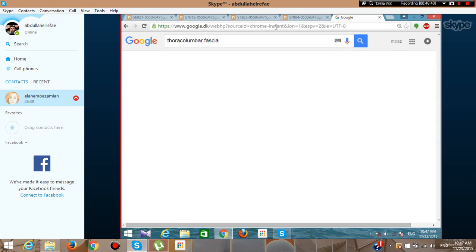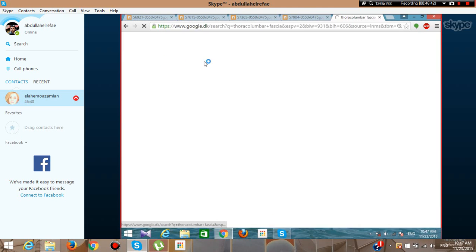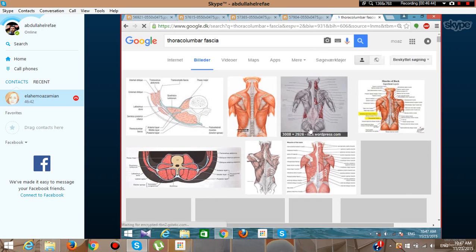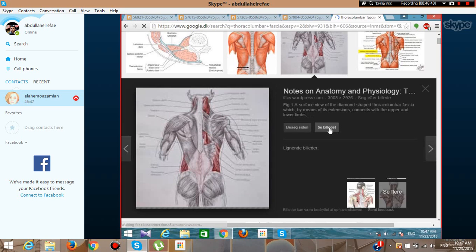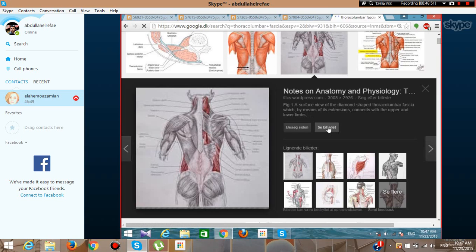It says posterior abdominal wall: visceral, ureter, kidney, portal vein. I don't have it. You don't have it? No. It should be.